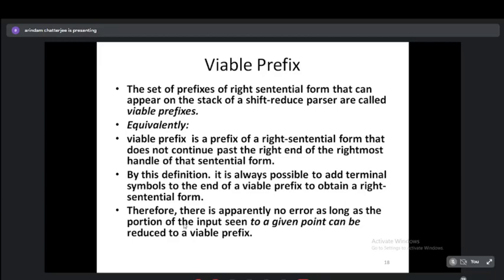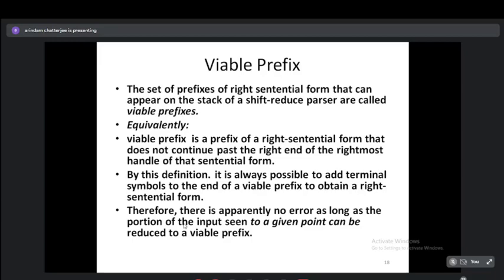The counterpart of this is that the moment you cannot create a viable prefix out of the given symbols, you know there is an error. Like you have created a viable prefix up to the 5th position, and in the 6th position, you see that it is not a viable prefix anymore. That means at the 6th position, you will be able to tell immediately that you have a parse error.